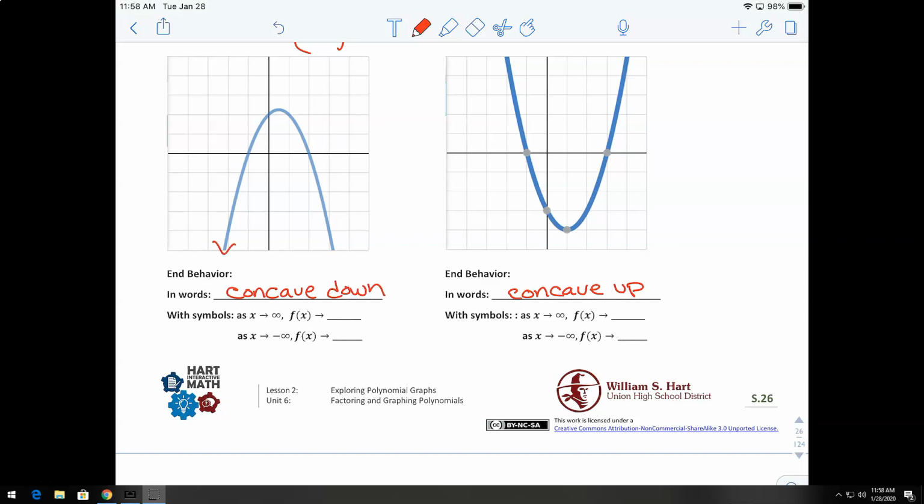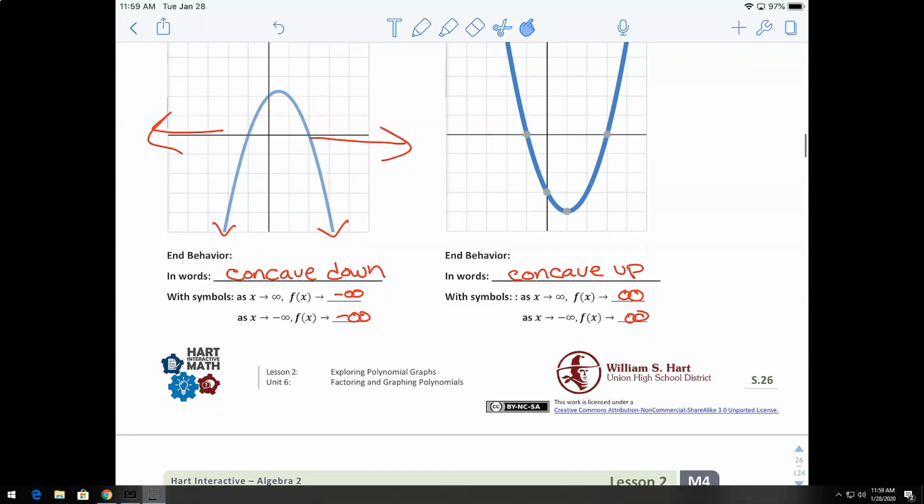This shows that as I approach infinity, I go to negative infinity. So as I approach that way, I'm going to negative infinity. As I approach that way, I'm going to negative infinity. Same thing, but opposite. This one hits infinity going both ways. So your endpoints, the places where you end, are going to infinity.